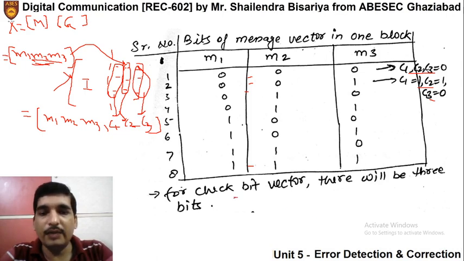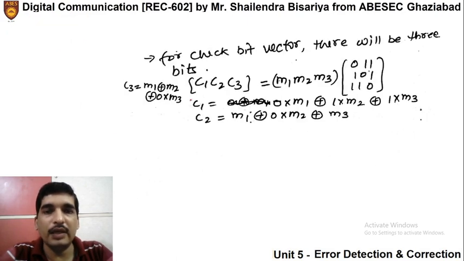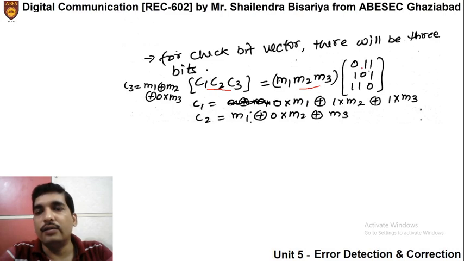So what will be the expression for C1? The general expression for C1 in terms of M1, M2, M3 is M1 multiplied with the first term, M2 with the second term, and M3 with the third term. So C1 C2 C3 is equal to M1 M2 M3 multiplied with this parity matrix.